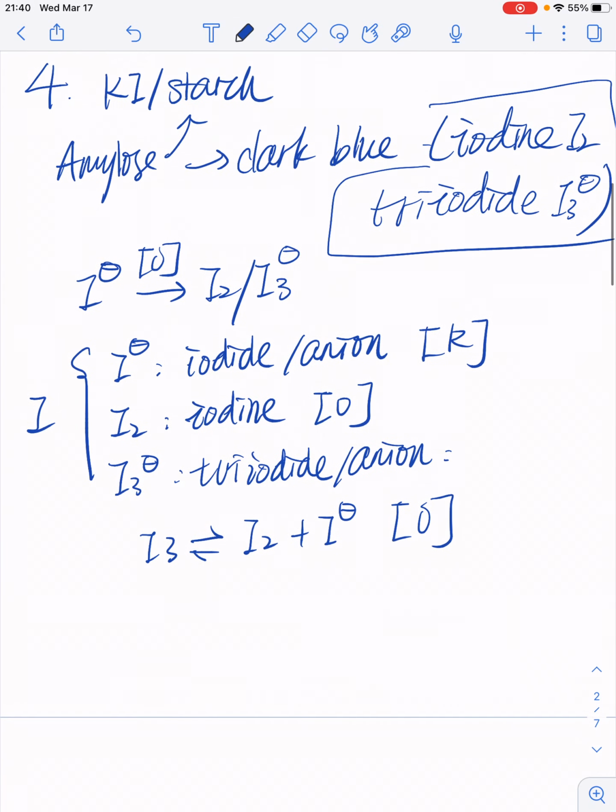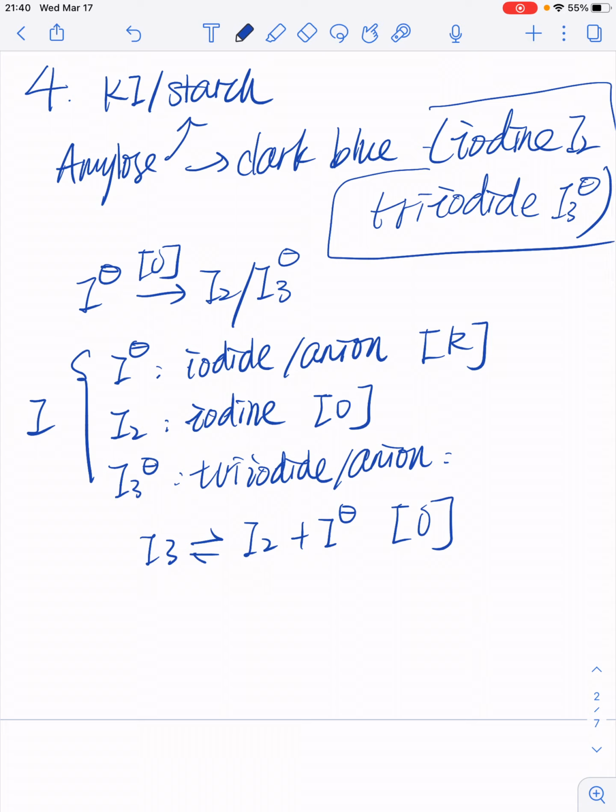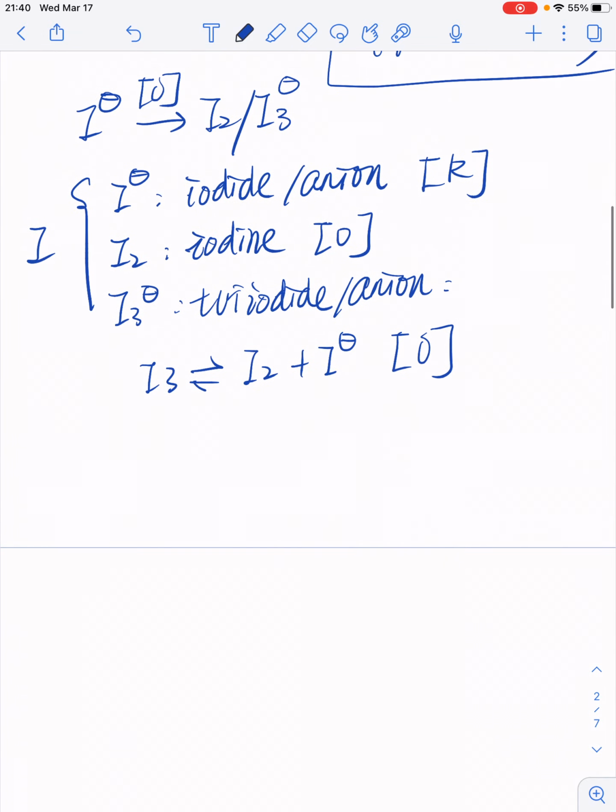All right, so as we said, amylose in starch will turn a dark blue color with the presence of the oxidizer, with the presence of iodine and triiodide. Originally in KI starch paper, there's only iodide anion, the reducing reagent.